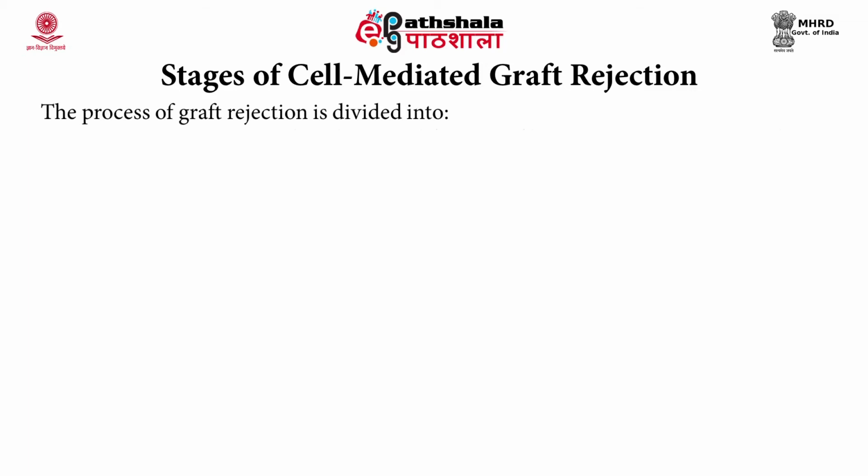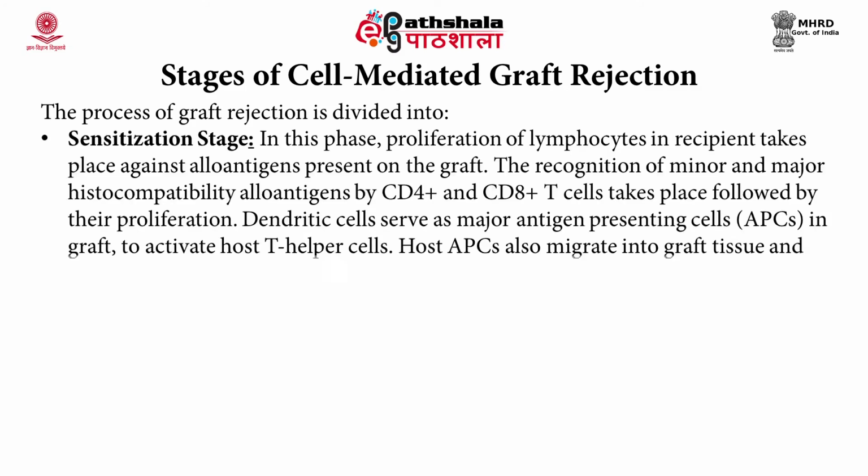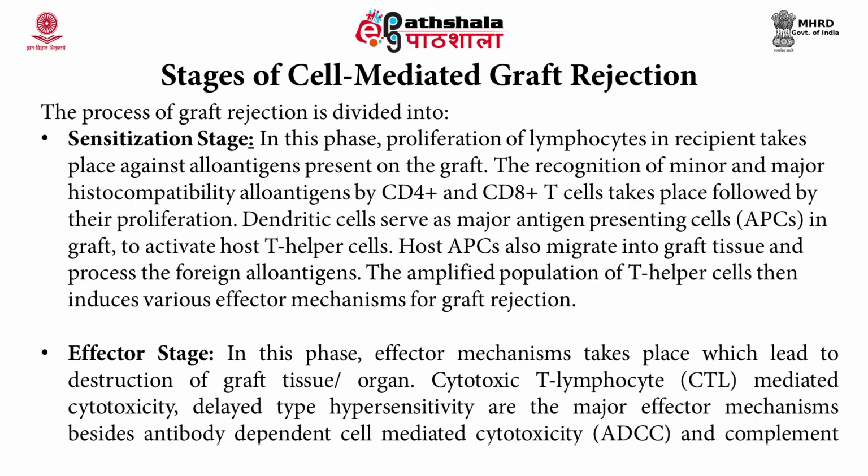The process of graft rejection can be divided into a sensitization phase and an effector phase. In the sensitization phase, proliferation of lymphocytes in the recipient takes place against alloantigens present on the graft. The recognition of minor and major histocompatibility alloantigens by CD4 positive and CD8 positive T cells takes place, followed by their proliferation.